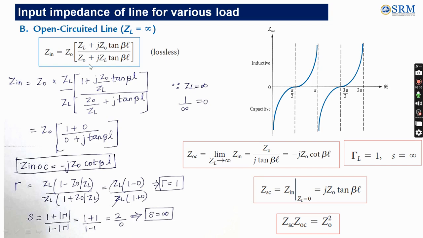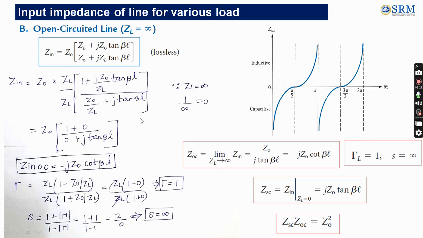So we take ZL common, and we get 1 plus j Z0 by ZL into tan beta L in the numerator, and Z0 by ZL plus j tan beta L in the denominator. After cancelling, 1 by ZL is 1 by infinity, which is 0, so we get Z0 over j tan beta L. Since 1 by tan beta L is cot beta L, and 1 by j is minus j, the open-circuited line has the impedance of minus j Z0 cot beta L.